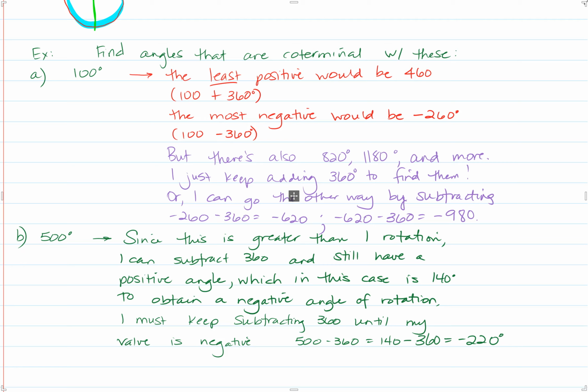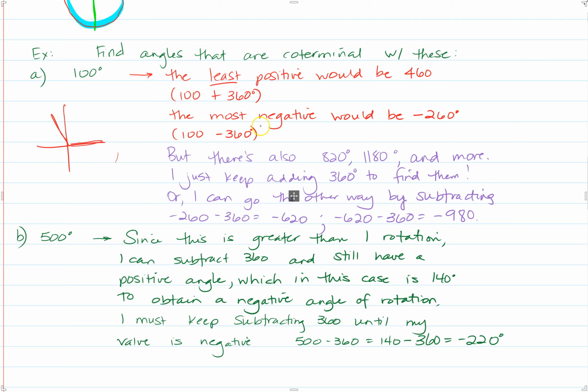They want you to find the least positive. There's nothing less positive than 100. If I add one full rotation, that would be 460, because the only positive angle coterminal with this 100-degree angle is 100 plus 360 more. Do you see how that works?